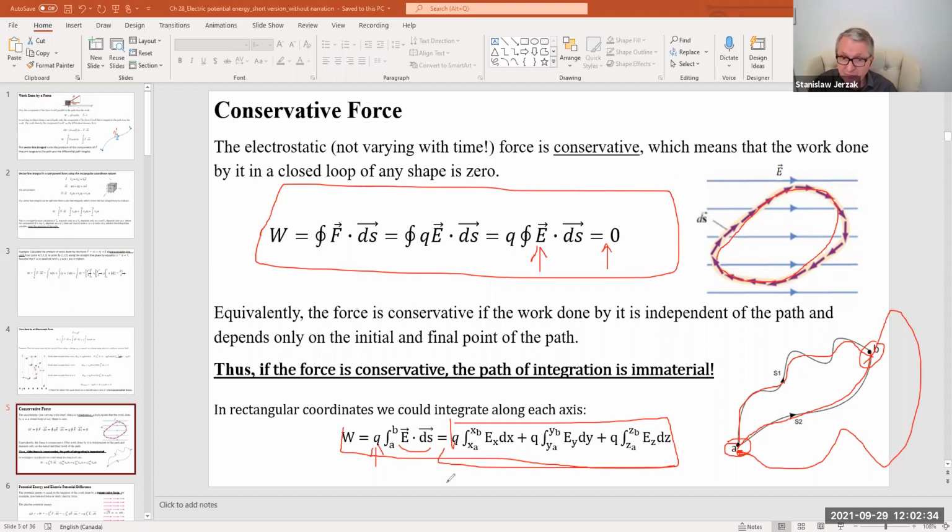And that path of integration is independent. What I'm really saying right now, which is very important, and I will be repeating again and again, is that integration can be done one variable at a time.